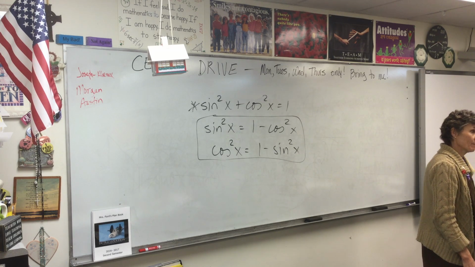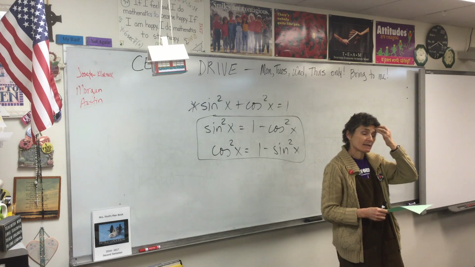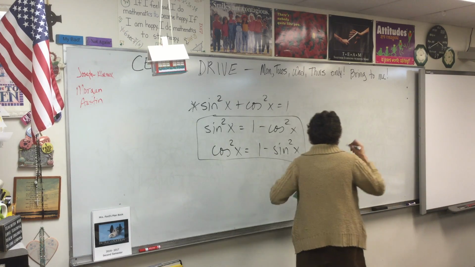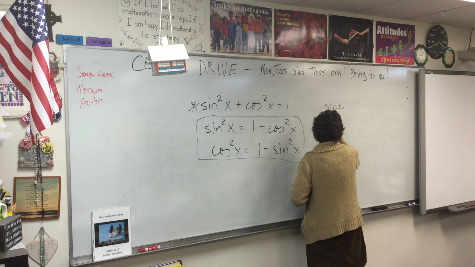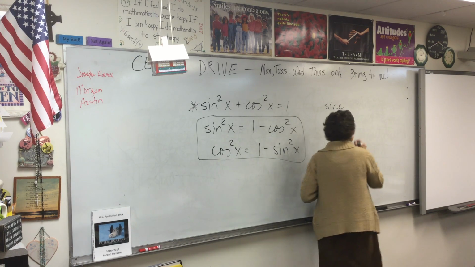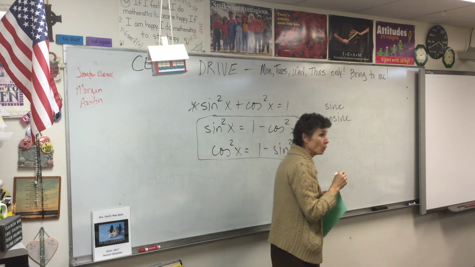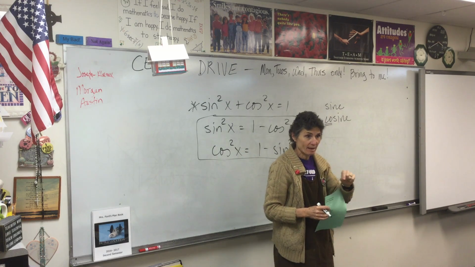Now, let's talk about these. These should be the easiest, but a lot of times kids get confused. So let's talk about them. First of all, what are co-functions? We have sine and cosine. I'm not talking about reciprocals. I'm talking about co-functions. So we have sine and cosine.